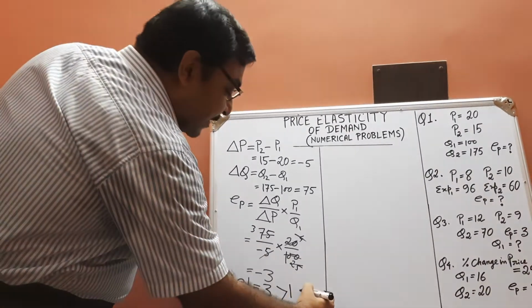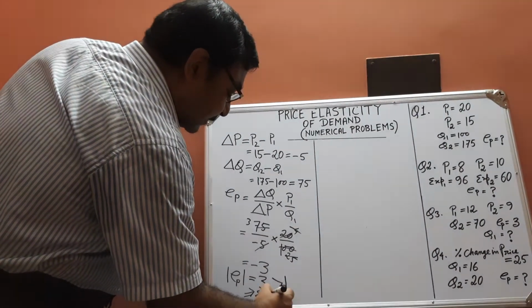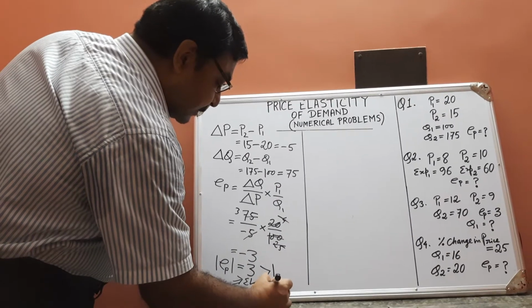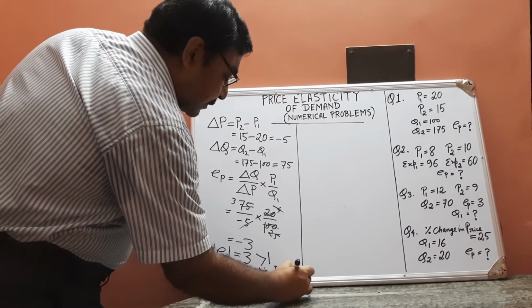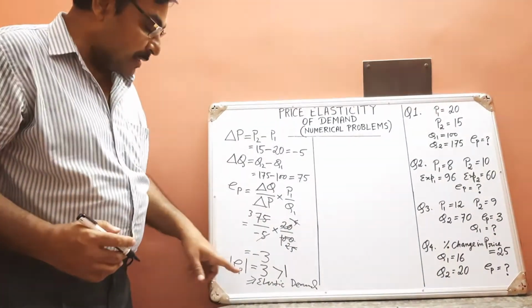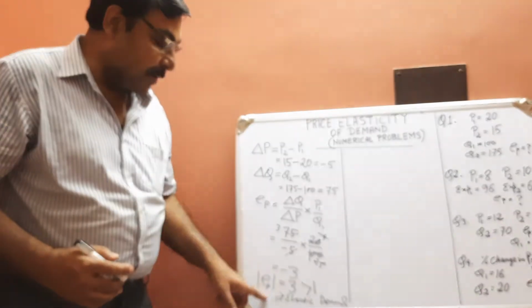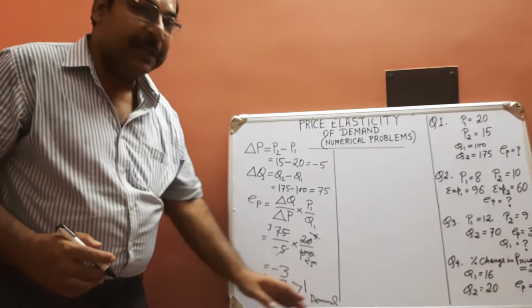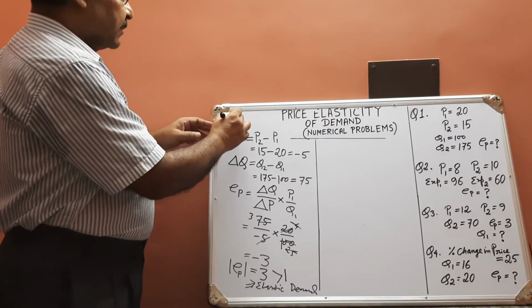So it is a case of elastic demand. Your answer was minus 3. Modulus EP is equal to 3. 3 is greater than 1. Because modulus EP is greater than 1, it is a case of elastic demand. Question number 1.